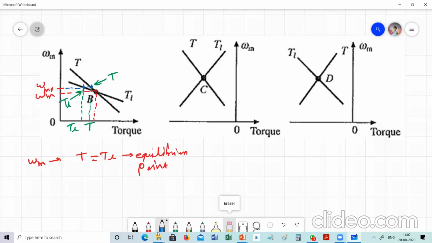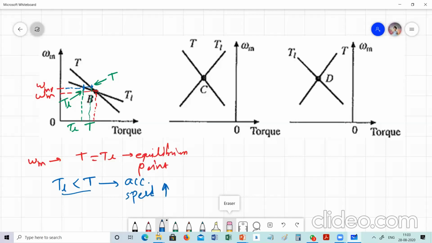What is the observation? TL जे आहे ते T च्या अलीकडे आहे, म्हणजेच TL is less than T आहे. Which implies that if the motor torque is greater than the load torque, then it is acceleration. Acceleration means speed will increase.